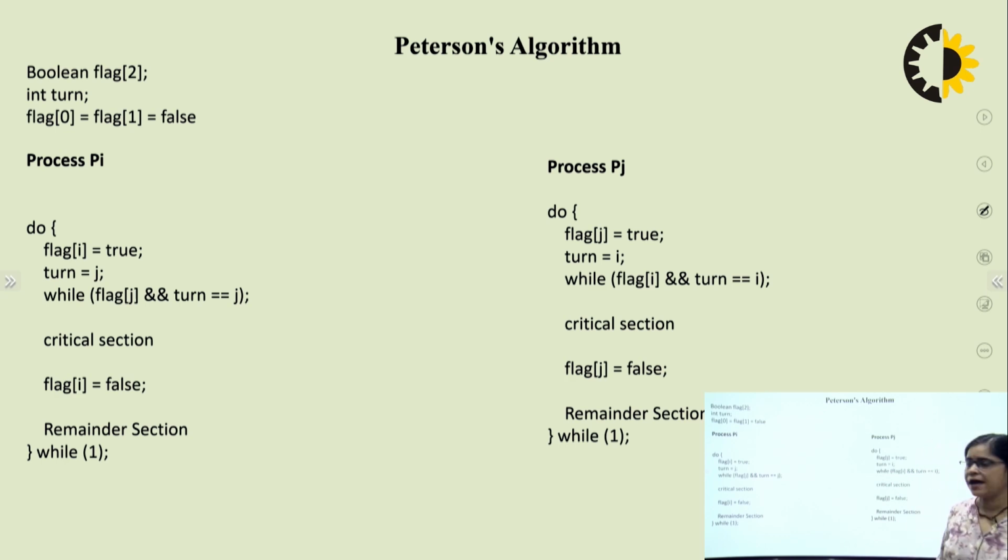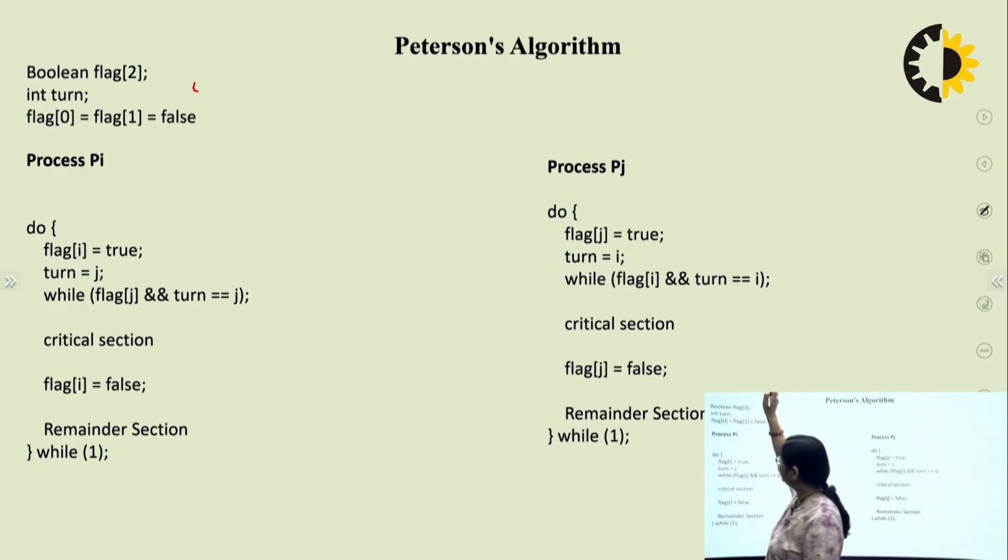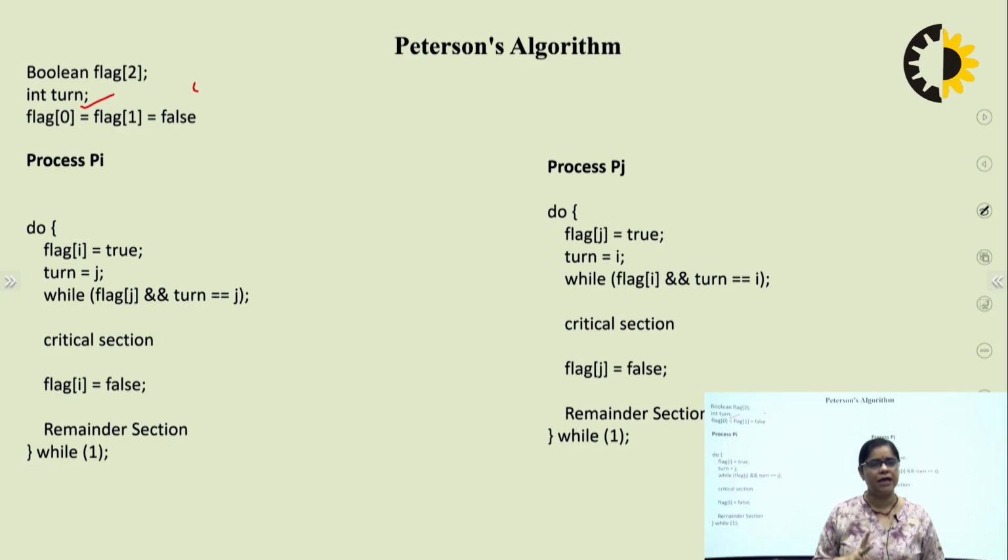Again, what I am taking here, we are taking the flag in the case of the Boolean, that is 1 and 0, okay. Now, I am taking the variable turn equals to false, okay. Now, I have taken flag[0] equals flag[i], flag[1] equals false. It means we are taking the two processes Pi and Pj.